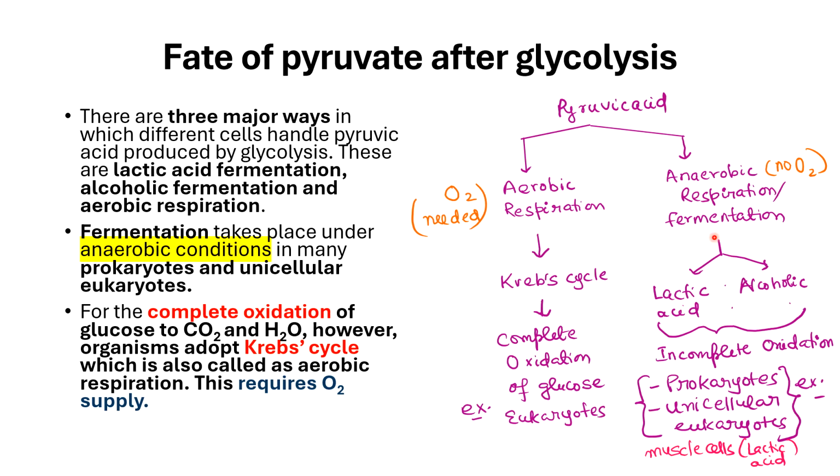And in prokaryotes or some unicellular eukaryotes, we will have anaerobic respiration or the fermentation pathway, in which pyruvic acid gets converted into either lactic acid or an alcohol.